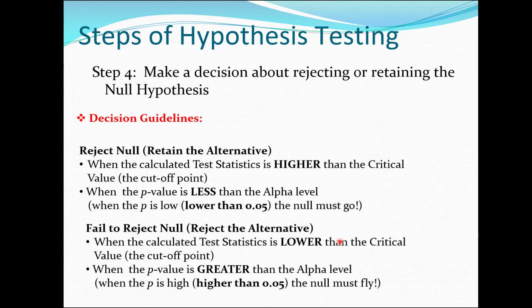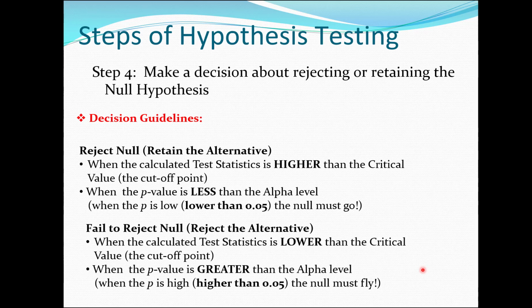Now we have finished talking about the first 3 steps of hypothesis testing. As a review, the first step is state the null hypothesis. Step 2 is set the alpha level. And the third step is calculate the test statistic. Now we come to step 4: make a decision about rejecting or retaining the null hypothesis.